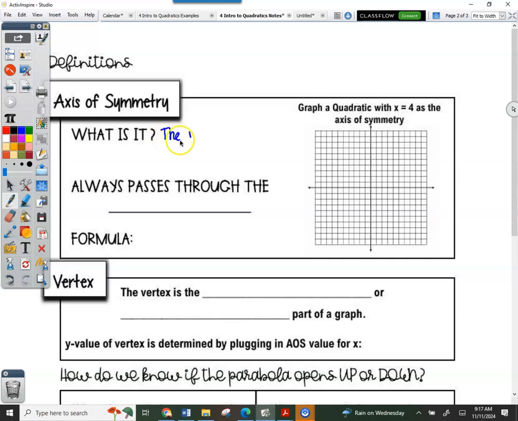It is the vertical line that divides the parabola into two congruent halves.